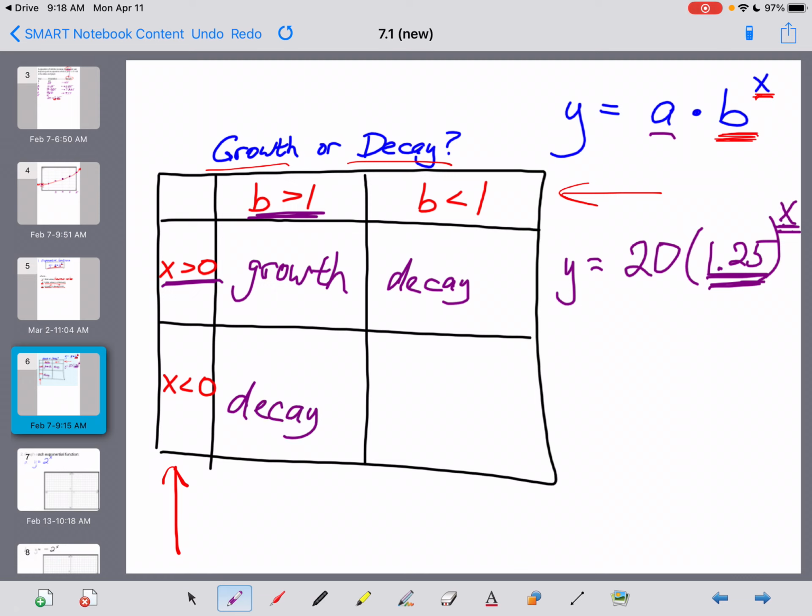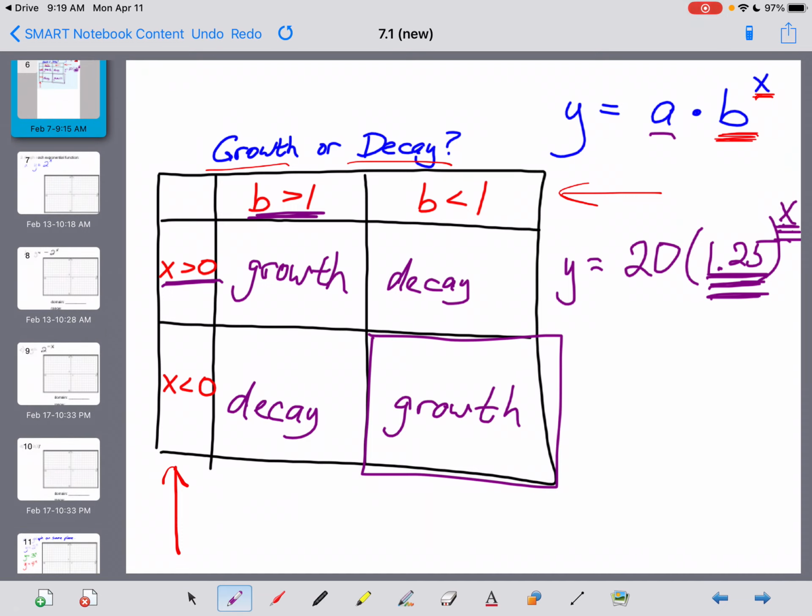But the weird thing is, this fourth case right over here in the bottom right-hand corner, if you ended up with what looked like a decay model, but you were taking it to a negative power, that is actually a growth model. Kind of a strange one there. It doesn't happen very often, but that could pop up. So this little chart might help you guys as you're going through your notes and some homework problems here to see if we're dealing with growth or decay.